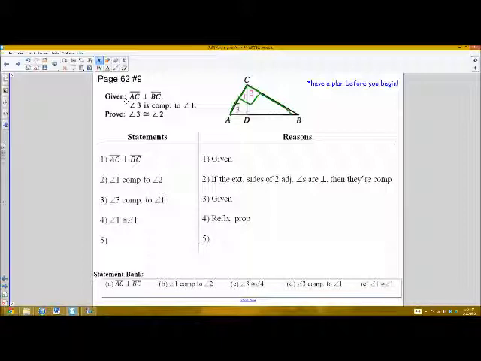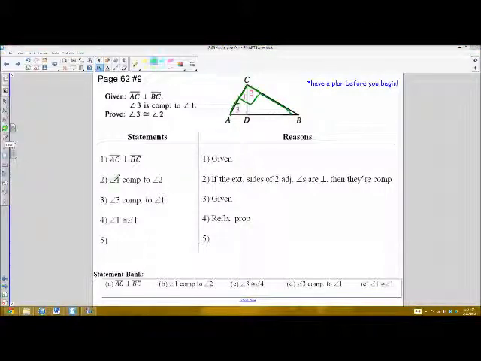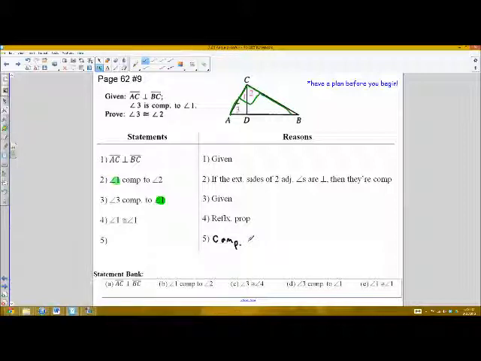I'm going to use a highlighter to make this clearer: since angle 2 is complementary to angle 1 and angle 3 is complementary to angle 1, these complements of congruent angles will be congruent to each other. Complements of congruent angles are congruent. I can conclude what I was trying to prove, that angle 3 is congruent to angle 2.